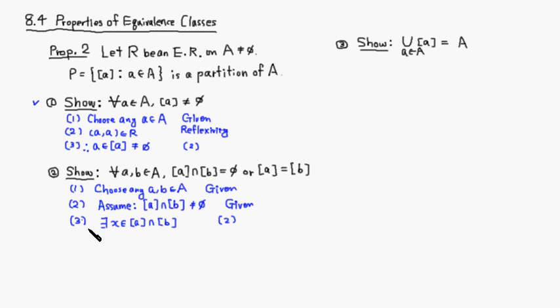Which means that by definition, x is related to a. At the same time, x is related to b by this relation R. It just comes from line 3.